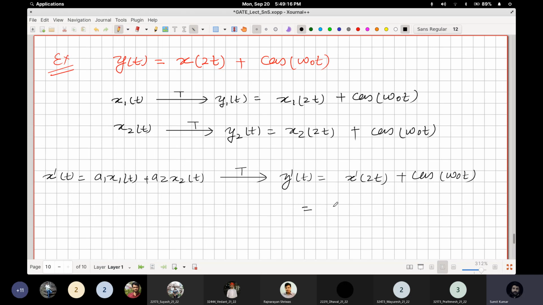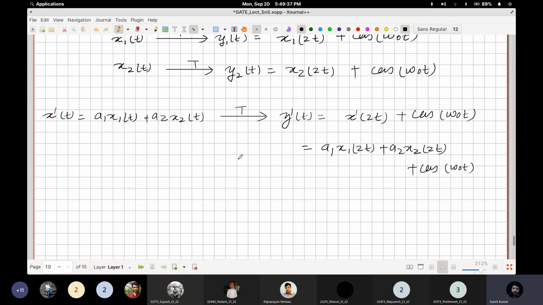And what is x dash of 2t? It will be a1 x1 of 2t plus a2 x2 of 2t, isn't it? Just write 2t in place of t, and plus cos omega naught t.